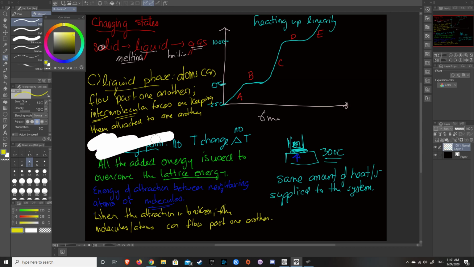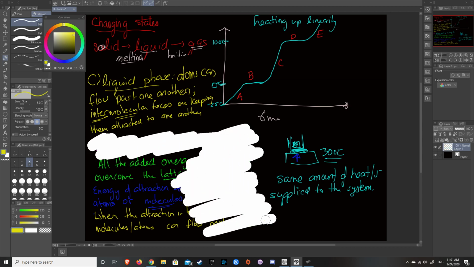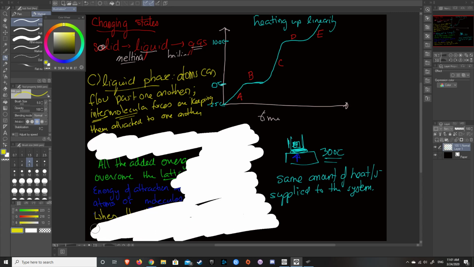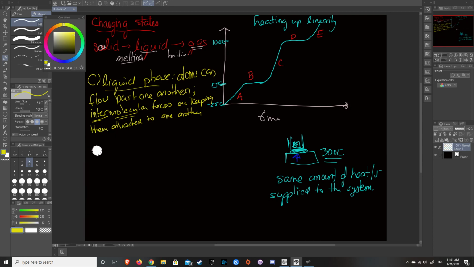So these intermolecular forces are what keep it in the liquid phase. We haven't overcome that energy. So we've overcome the lattice enthalpy, the lattice energy. We're not going to talk about lattice enthalpy until IB. But we've overcome the lattice energy, and it's breaking apart from the lattice structure.